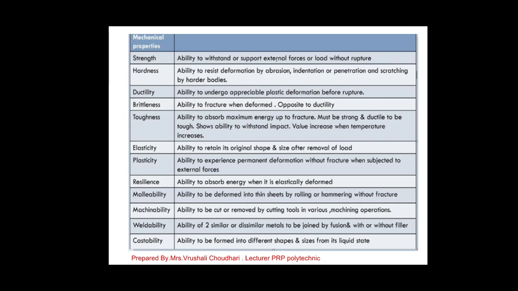Weldability: we are able to join two different metals with the help of heat. It's called weldability. Castability: the ability to form different shapes and sizes in a molten form or in a mold. It's called castability. These are the main properties of the metal that we are going to learn today.